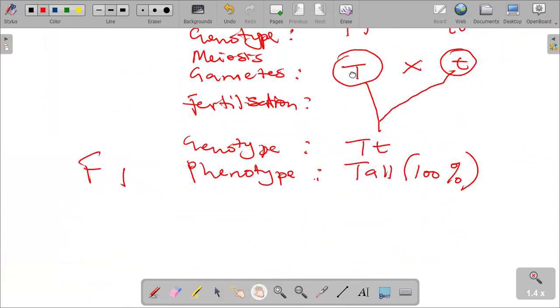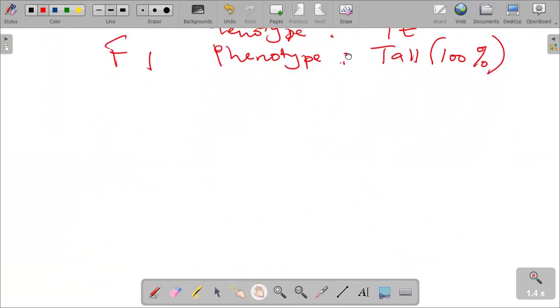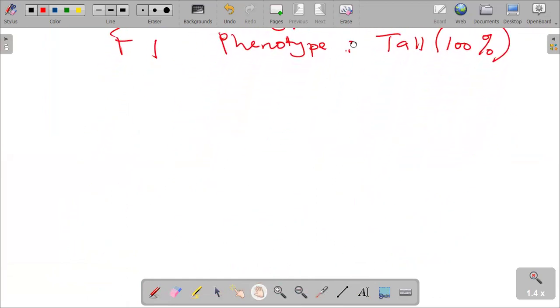So we also want to look at the F2 generation. Let's quickly work out the F2 generation. How do we work out the F2 generation? We said we start with the P, as we have seen there.